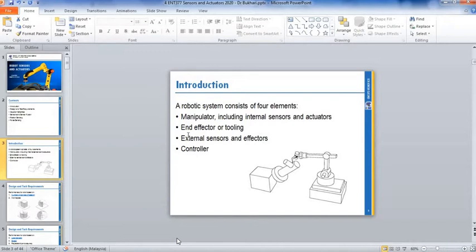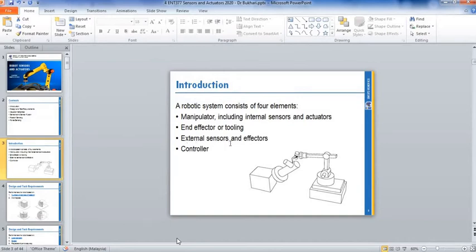So you have internal sensors, maybe a sensor to check your current, and then you want to check your voltage, and then maybe you want to check position, your robotic arm position, with an encoder, or something like a variable resistor to measure your position also.